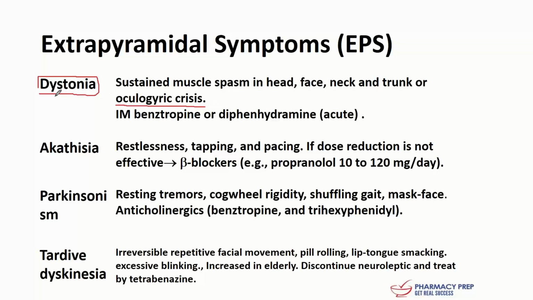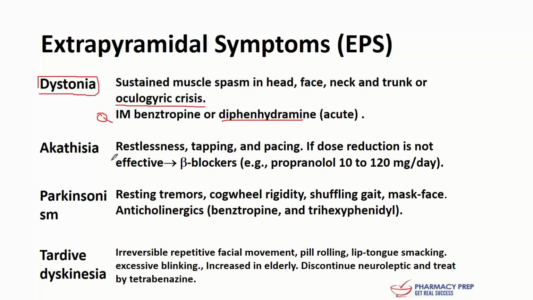The treatment is important here. Here you use benztropine, which is a type of anticholinergic drug. Anticholinergic drugs are used for treating dystonia. That's an important question alert. Or sometimes an antihistaminic drug, diphenhydramine, is used by injection in acute cases.